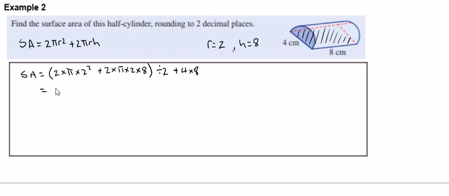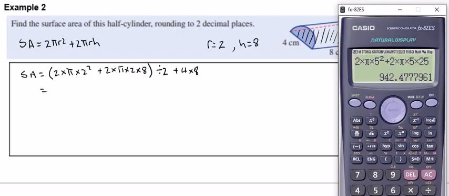Alright, so let's grab our calculator once more. And let's work out what we've got. So 2 times pi times 2 squared plus 2 times pi times 2 times 8.